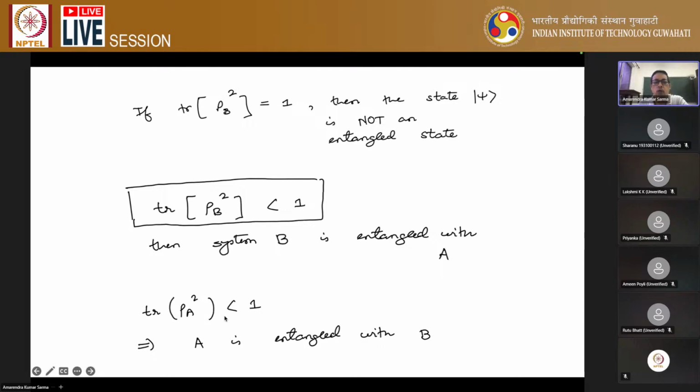If trace rho A squared is less than 1, then A is entangled with B. And if it is a pure state, then of course they are not entangled. Pure state means that the state of system A and system B can be written as a product state of A and B. Okay, so this we discussed.